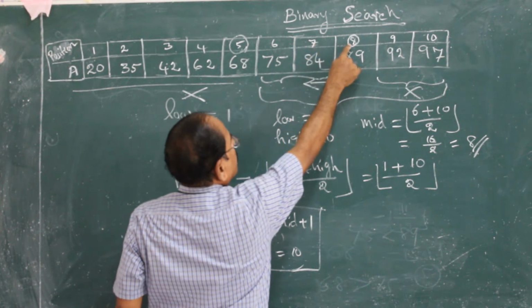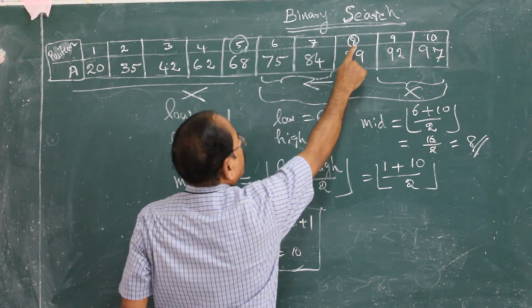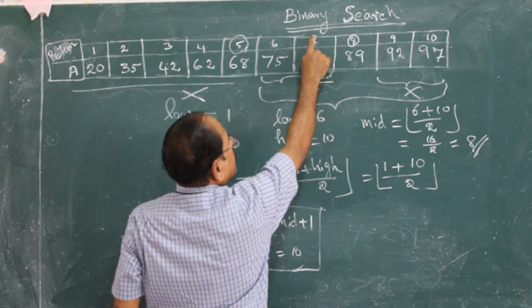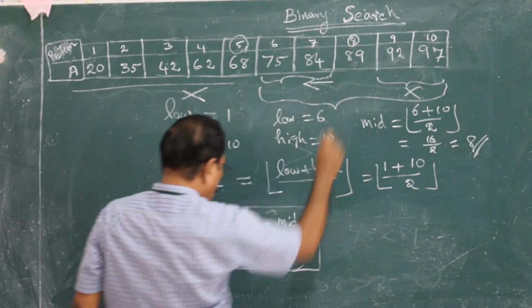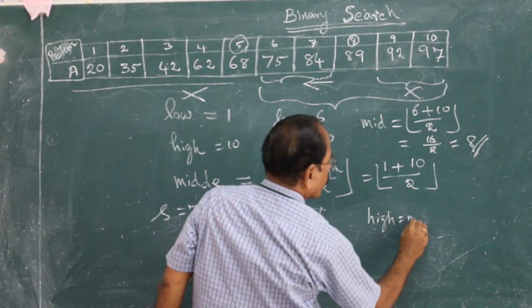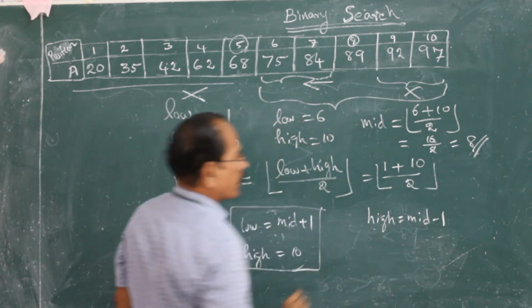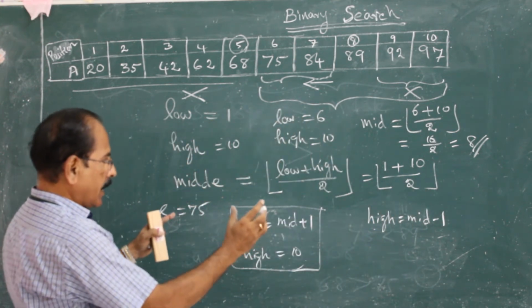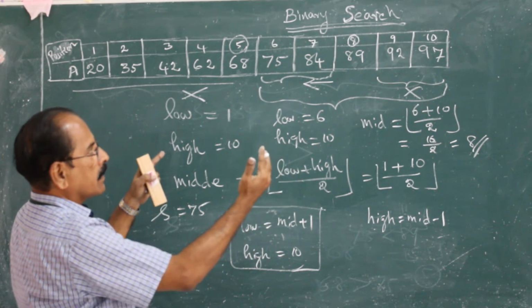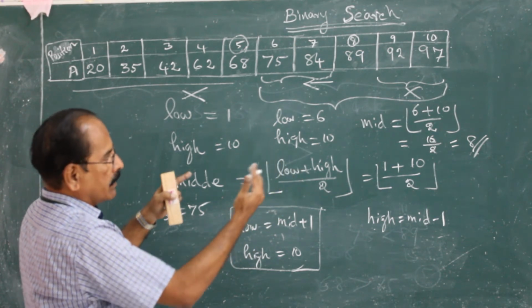How is 7 related with the mid position? Mid position is 8, and this is 7. So high is nothing but mid minus 1. Using these different formulas, we are reducing the array to be processed further and further.